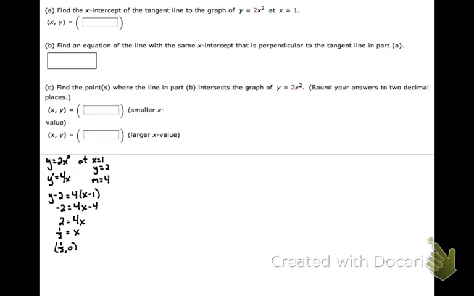Question B, finding an equation of the line with the same x-intercept. So it's going through the point 1/2, 0, but it's perpendicular to the tangent line. Well, if it's perpendicular, then its slope is the opposite reciprocal, so it must be m equals negative 1/4.